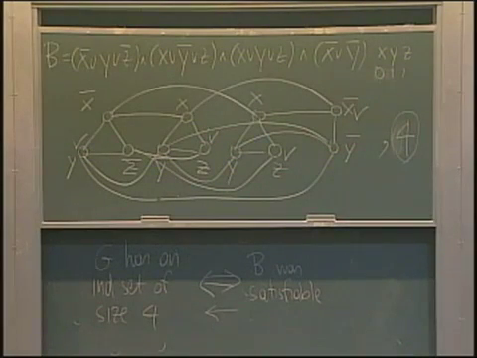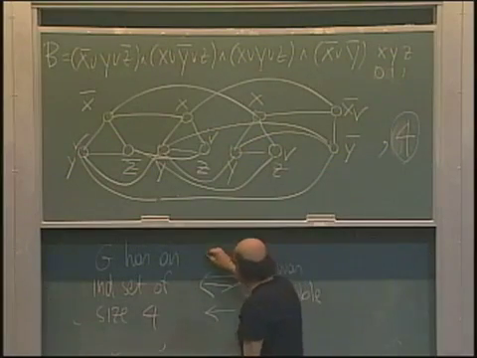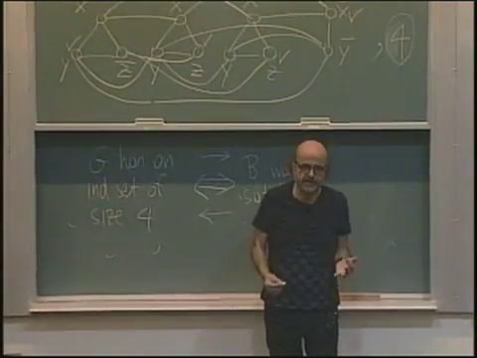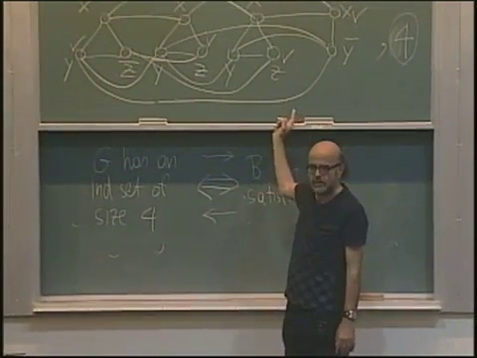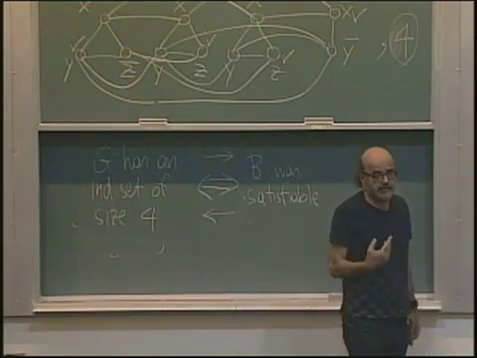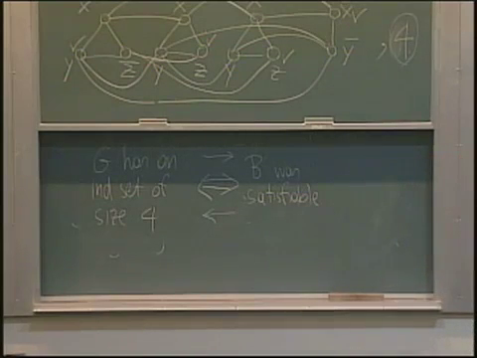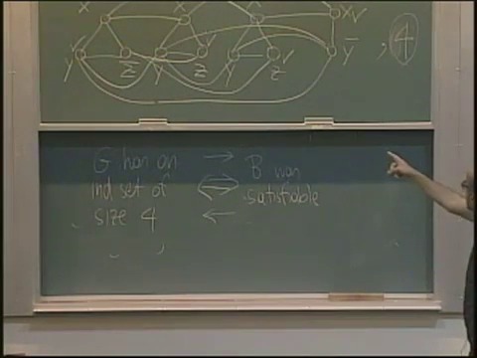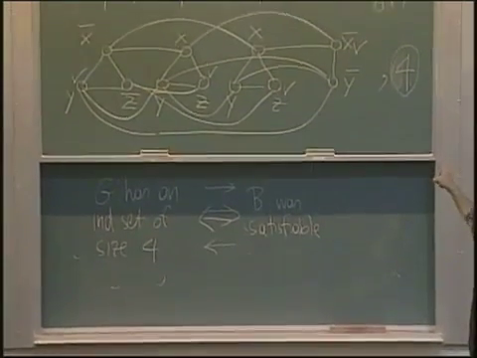Now it's easy. Does everybody follow that? Now it's easy to go back and say that if G has an independent set of size 4, then there must be 1 at every triangle. And if I pick the satisfying truth assignment suggested by these 4, in this case it's going to be Y is true, Z is true, Z is true, X is false.